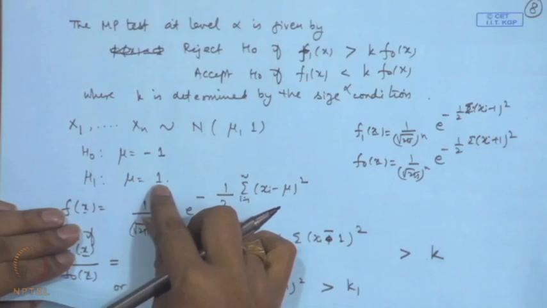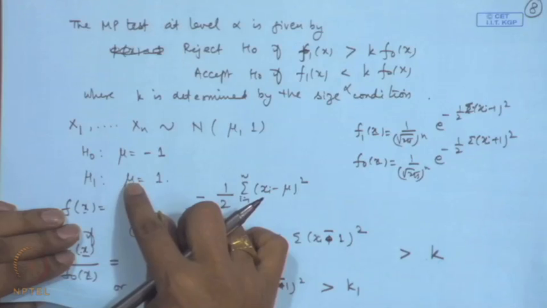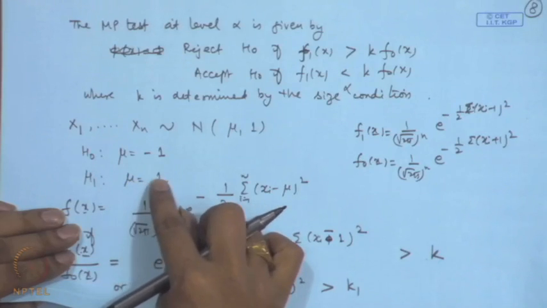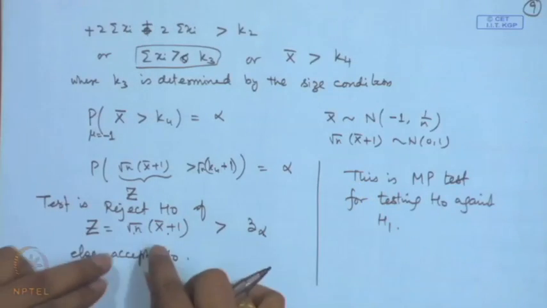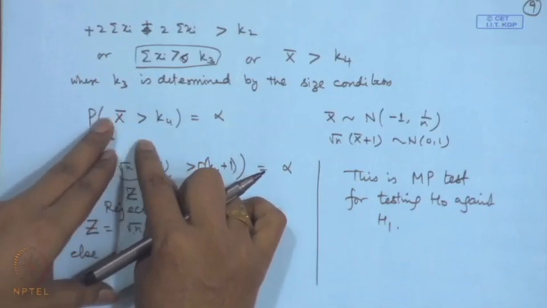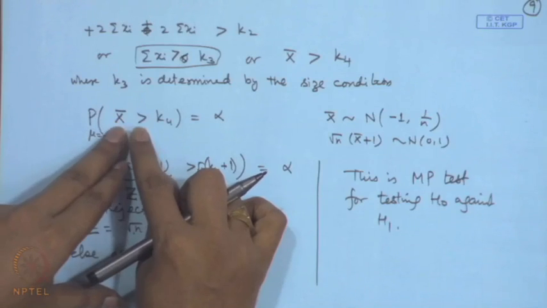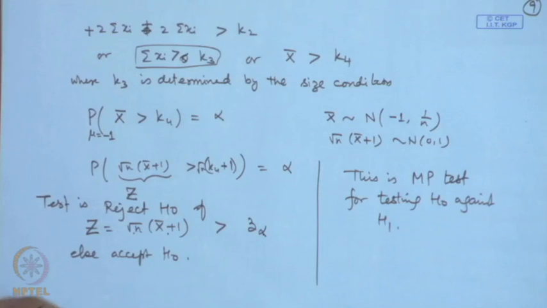So, actually roughly speaking we can say that in the alternative hypothesis the average value is higher than the value in the null hypothesis, and therefore, the rejection region also reflects that we are rejecting for higher values of x bar, because x bar is an estimator for mu here.